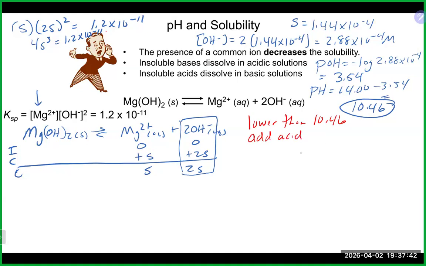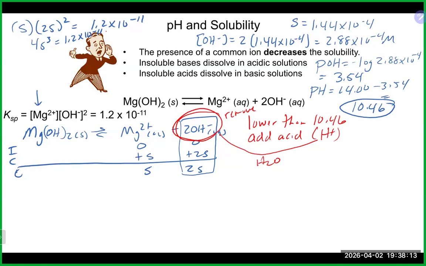And if you add an acid, you're essentially adding H plus to this equilibrium, right? There is no H plus in the equilibrium, but there is some hydroxide in the equilibrium. And H plus and hydroxide will come together to make our friend water, right? That is essentially going to remove the hydroxide from this equilibrium.